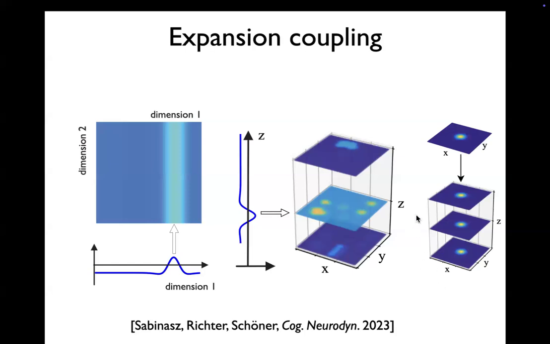Or it could also work in the other direction. That is, you know the location of an object, you don't know its color, and you would expand the 2D location into a 3D activation, a column input, right? The whole column along the different colors would be activated by that input. It's a generalization of the ridge in 3D.